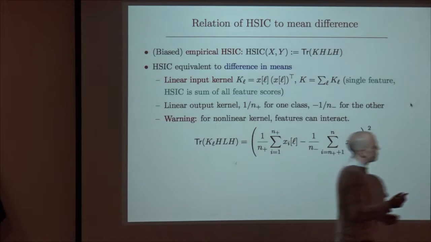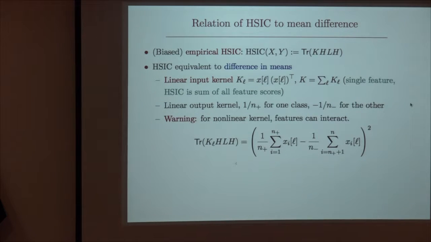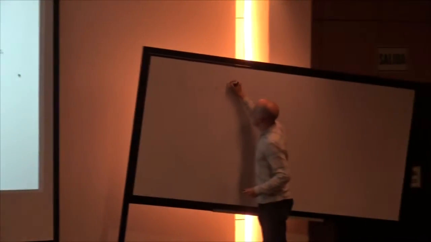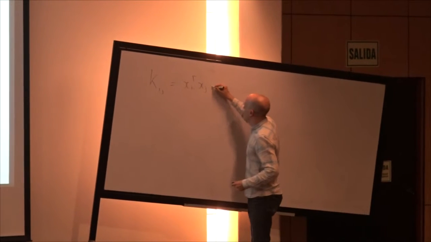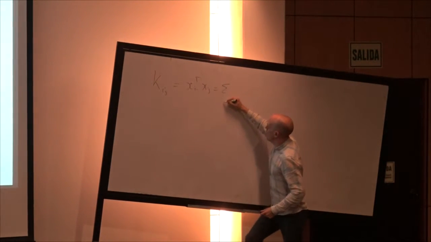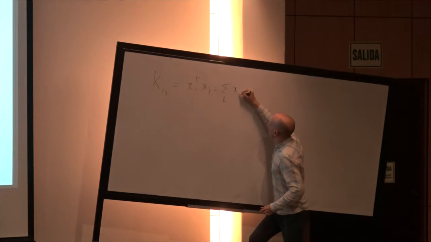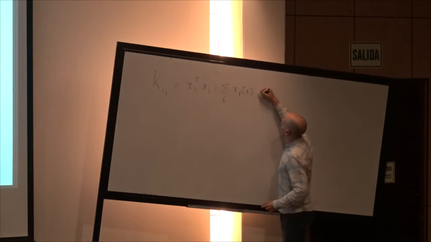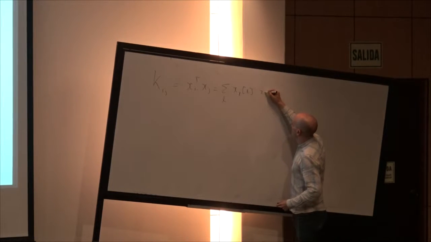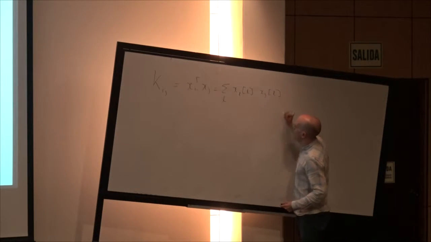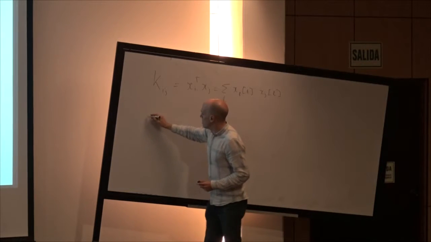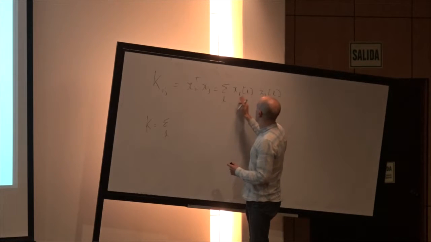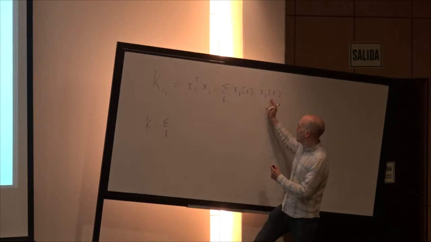If the ijth entry of k is just xi transpose xj, I can write that as the sum over l of the lth entry of xi times the lth entry of xj, xjl. And so that means my total kernel I can now write as the sum over l of the individual kernels between the lth entry of xi and xj.